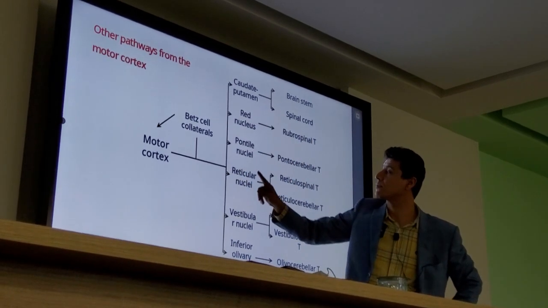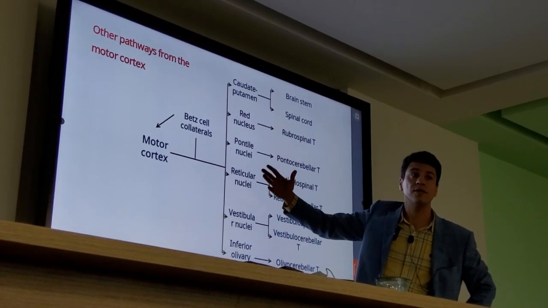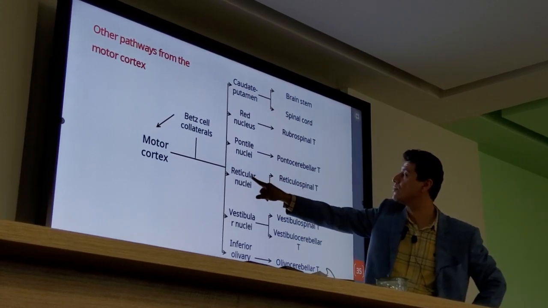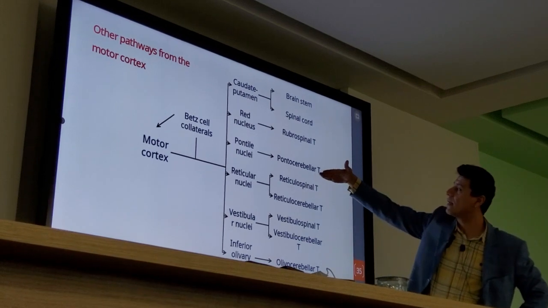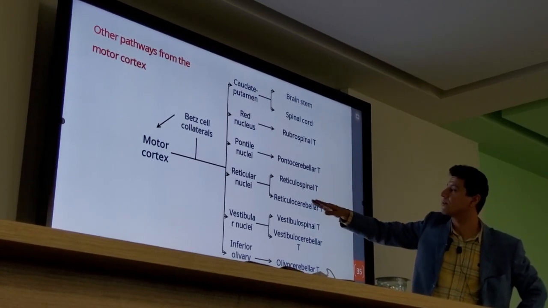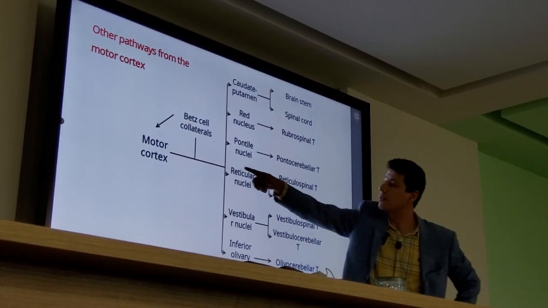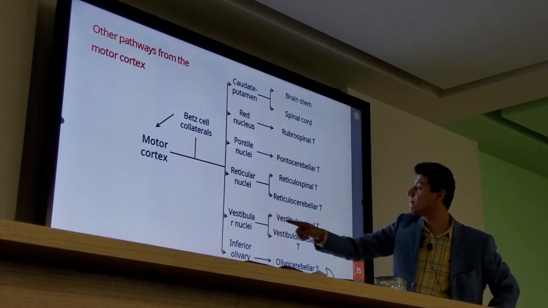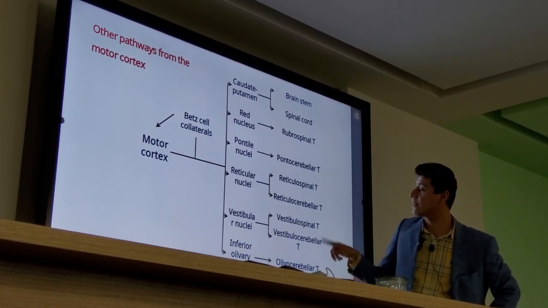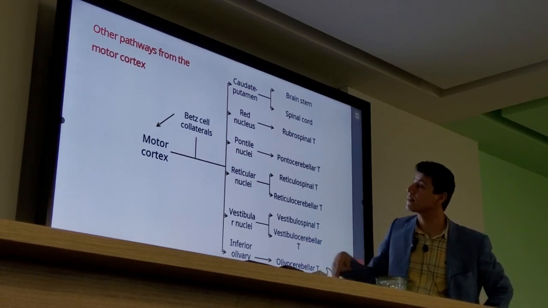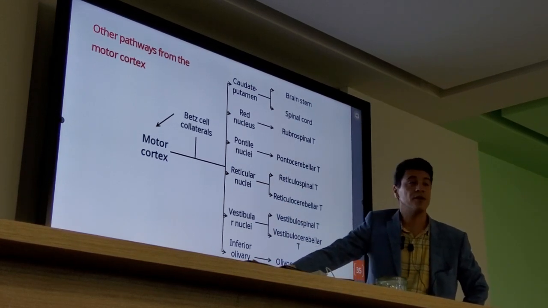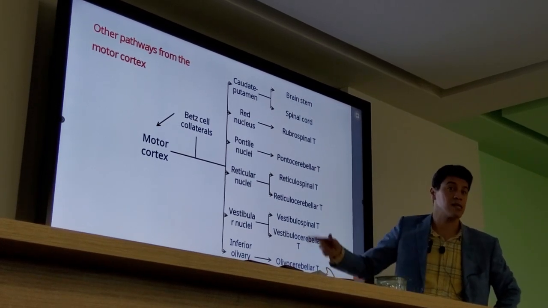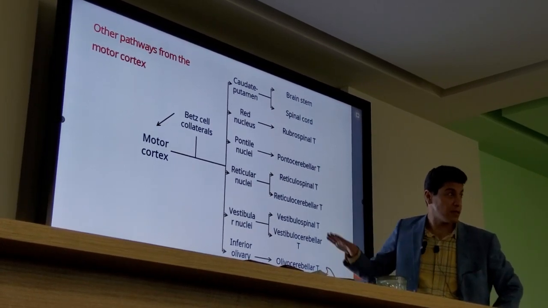Motor cortex may also activate the medullary reticulospinal tract and also may send neurons to the reticular formation. And then we will have reticulospinal tract, reticulocerebellar tract. Some neurons may go to the vestibular nuclei, so they can influence the vestibulospinal tract, vestibulocerebellar tract. Some other neurons go to the inferior olivary nucleus, and then from here they go to the cerebellum. We will see this in the next session today.